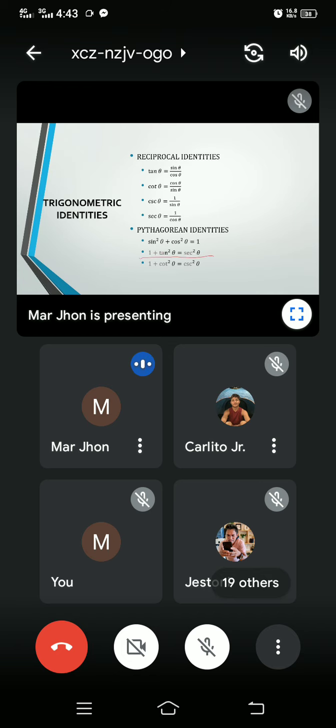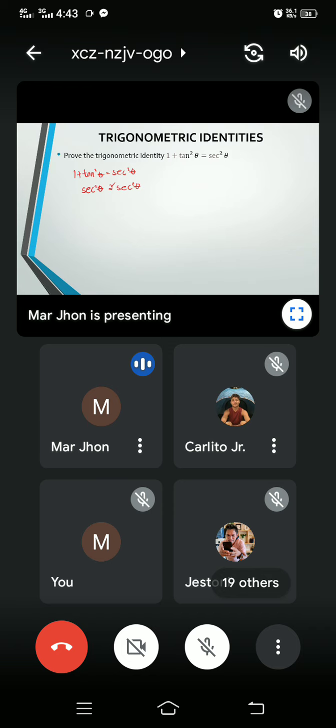Kaya naman siya sa identity. Right? Ang 1 plus tangent squared theta is secant squared theta.